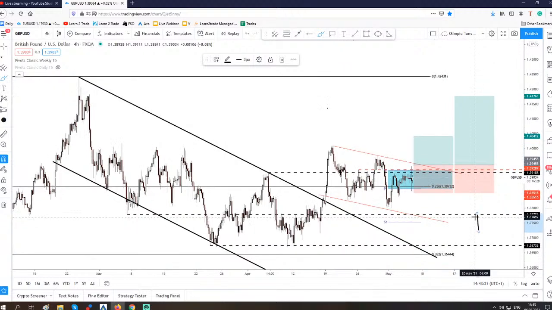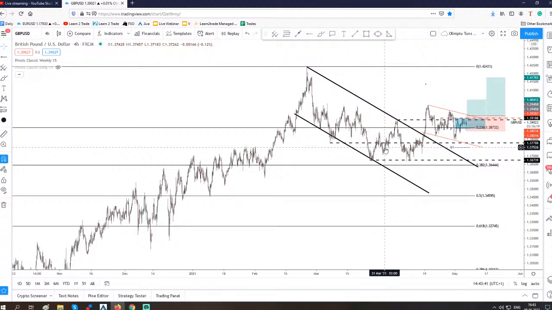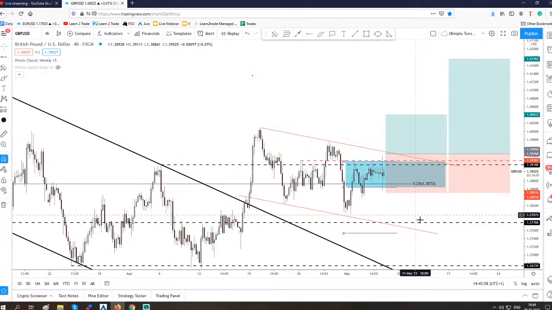The pair is still in a major uptrend. We had this down channel here, a temporary corrective phase. The price has escaped from this continuation pattern, so the price could approach and reach also our second take profit guys, but I will update you into the VIP Telegram group.